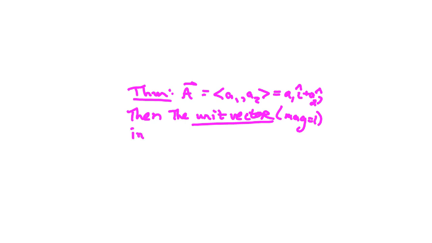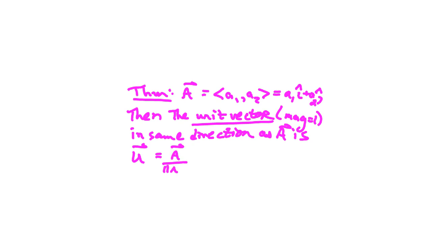So the unit vector in the same direction as a vector is going to be given by u vector. We're going to call u vector the unit vector in the same direction as a vector. And what this ends up being is a vector divided by the norm of a vector. Okay, so we're going to have a vector and then divided by its size. So when you divide it by its size, it's going to end up equaling 1.